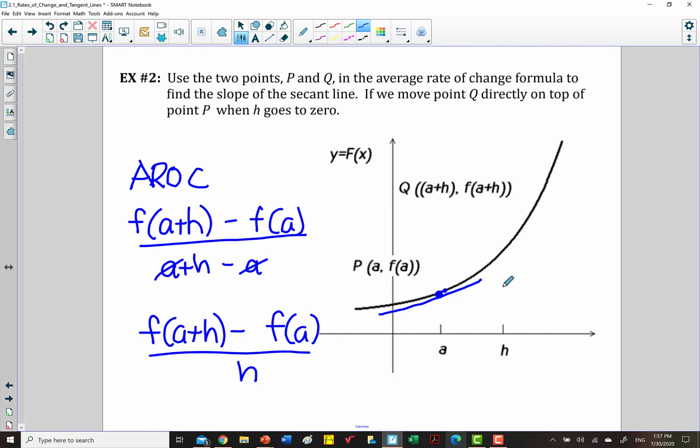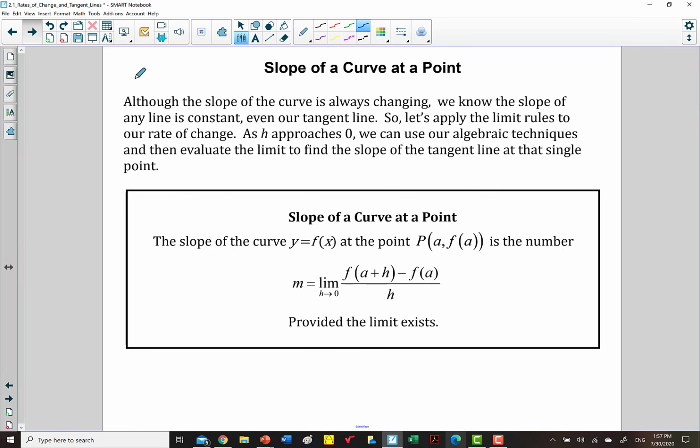So we could do that and actually calculate the slope of the tangent line by moving that line closer and closer to A. So are you hearing limits there? Couldn't get away from limits, could we?